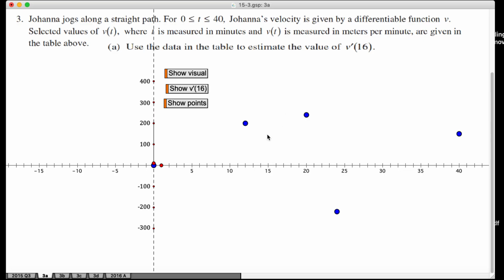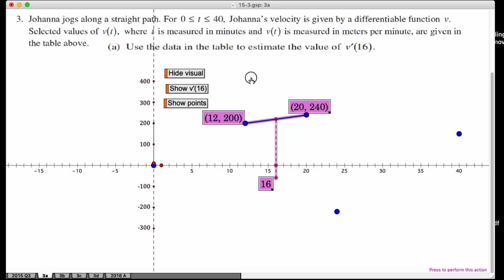Now, we don't know what this function looks like. It could go up here, it could go down here, it could go straight, whatever, but we do know it goes from here to here. Whenever you want to find the slope at a certain point, if it's not given to you, use the 2 points closest to it on either side, because that would be the most accurate.